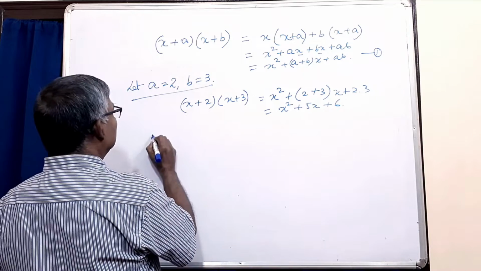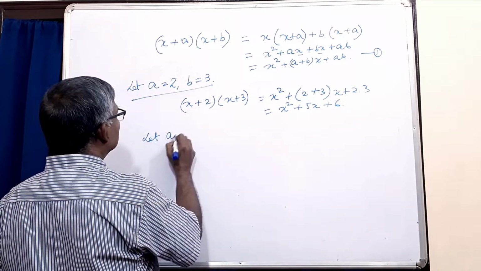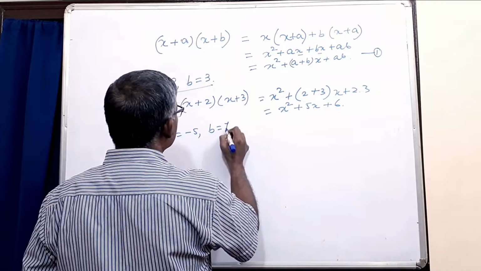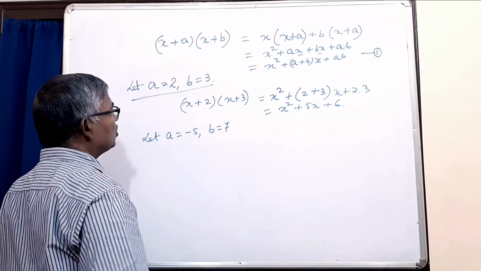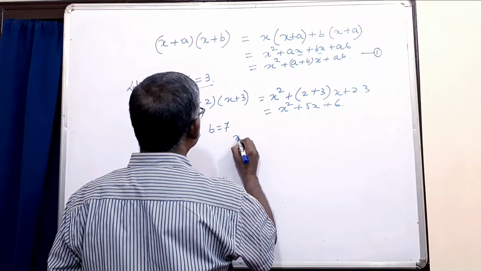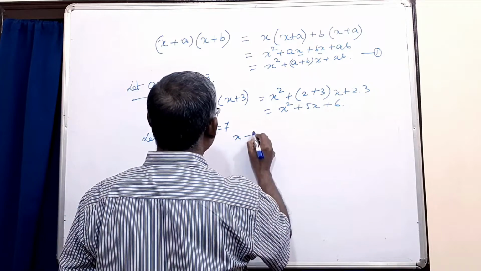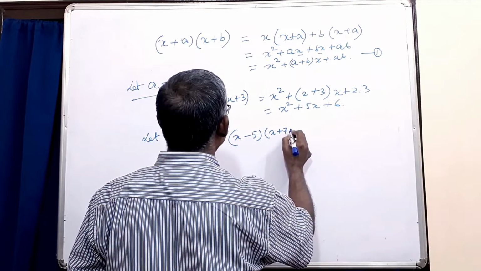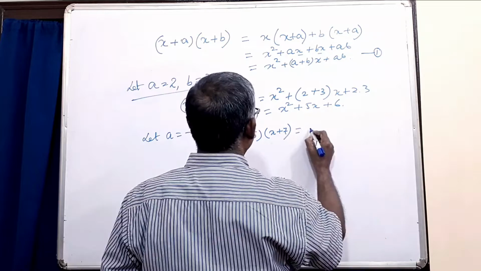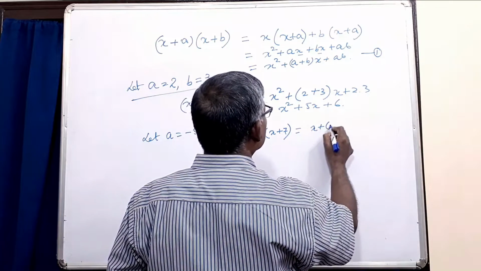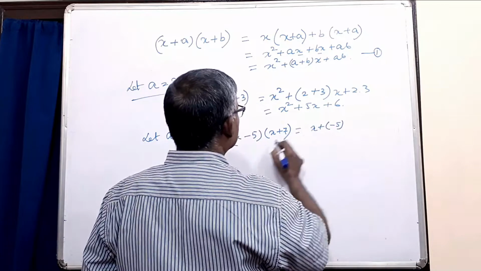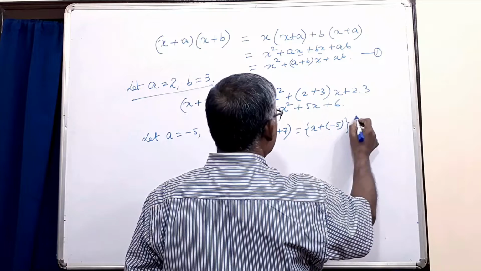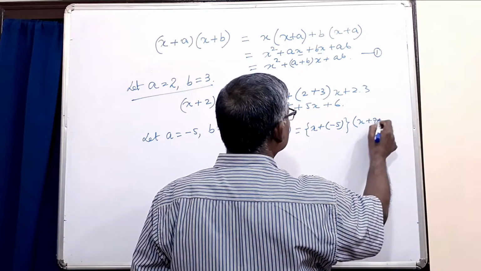Similarly, let a equal minus 5, b equal 7. So what would be the result? x minus 5 into x plus 7. We can write minus 5 like this, and it will be x plus 7.